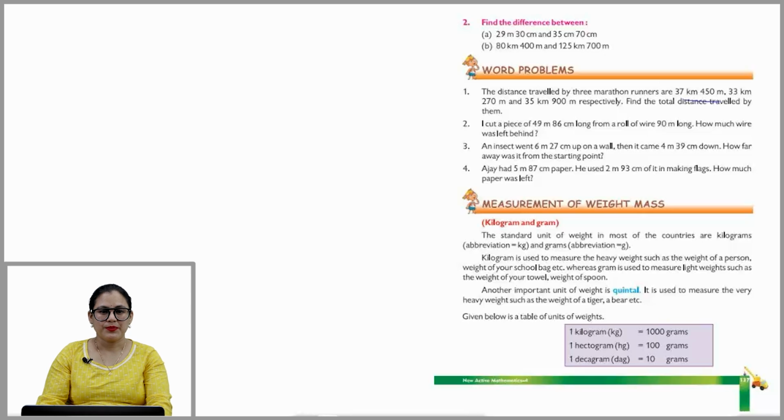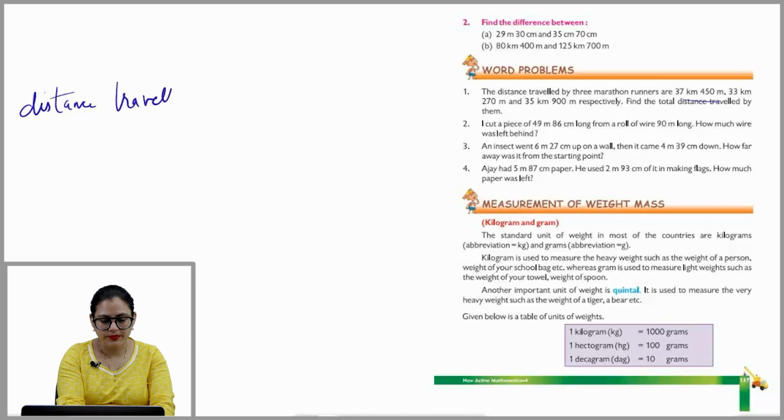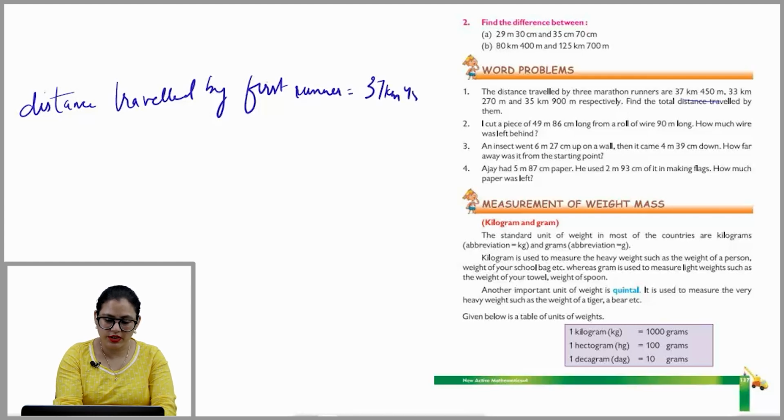Okay, so you will write distance travelled by first runner. How much he travelled? 37 km 450 meter. Then distance travelled by second runner, 33 km 270 meter.